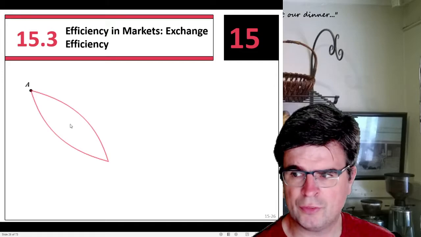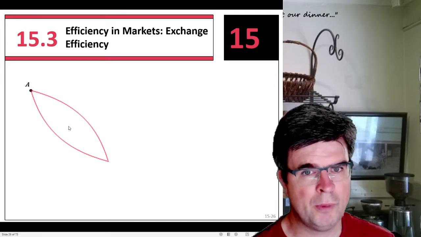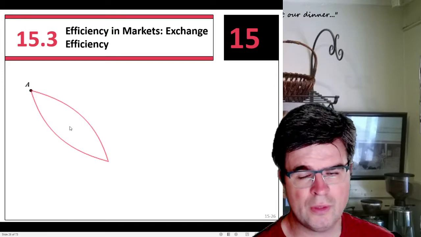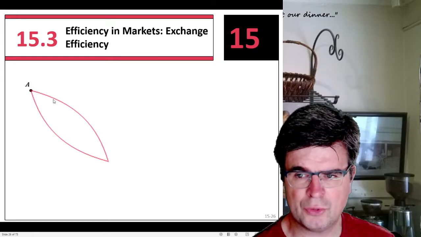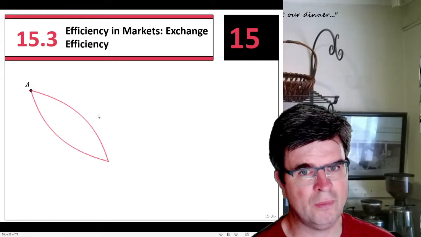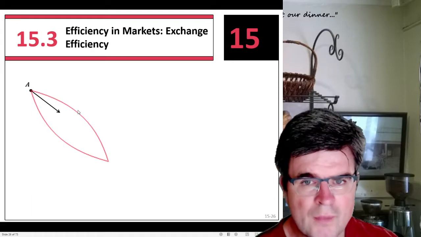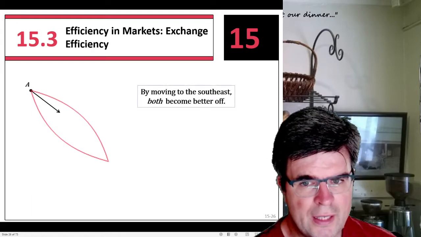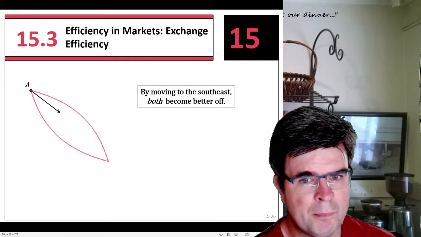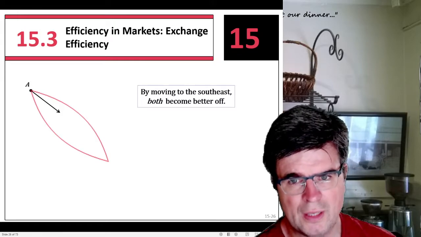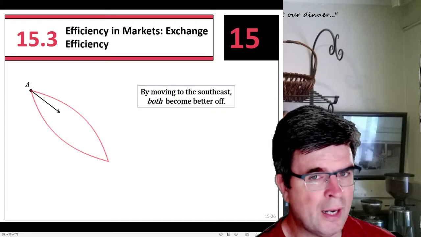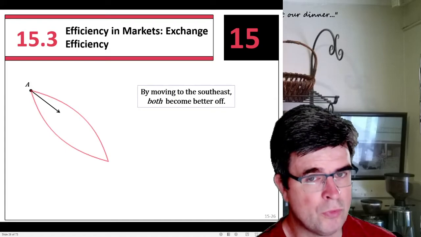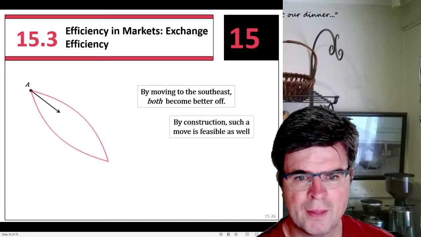The indifference curve that runs through this point over here would be associated with a higher utility level than the indifference curve that runs through the initial allocation A. So, by moving to the southeast, both would become better off. All these allocations are associated with a higher indifference curve, both of Alice and of Bob.